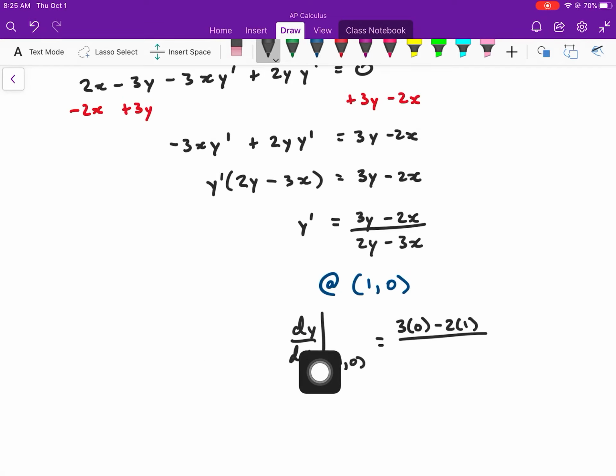And this is just showing you the dy dx at (1, 0), just another notation for that when we're using that dy dx notation. So I get negative 2 over negative 3, which is 2/3.